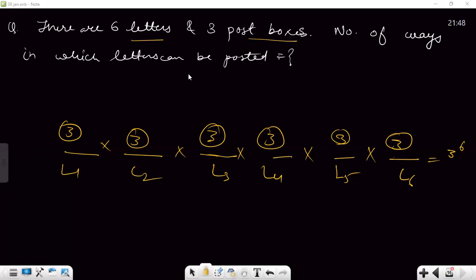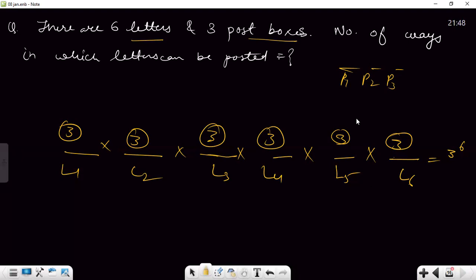You may get confused in exam. Should I write 3 post boxes like this and post letters? No. Why no? Because post boxes are not fixed. They are not a fixed event that you have to choose. Letters are fixed.